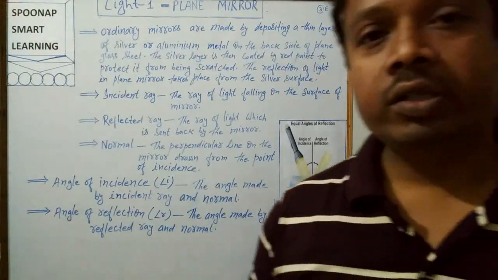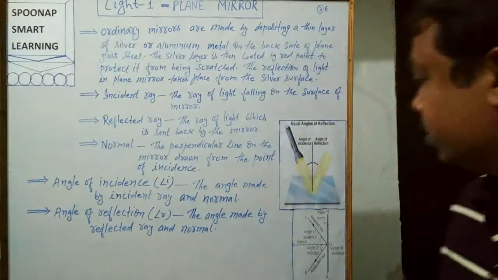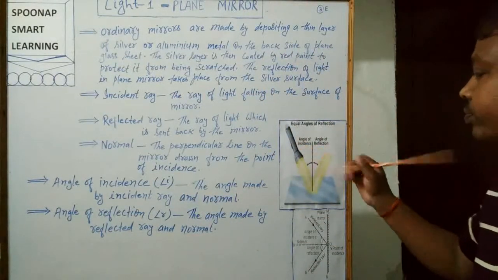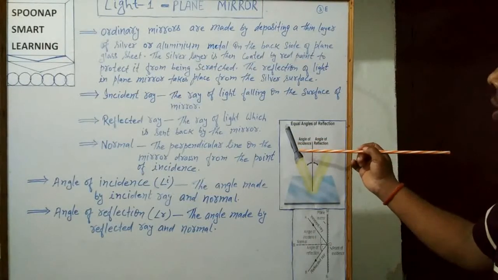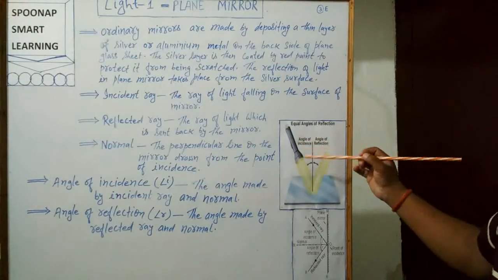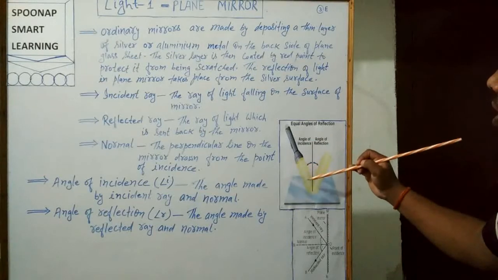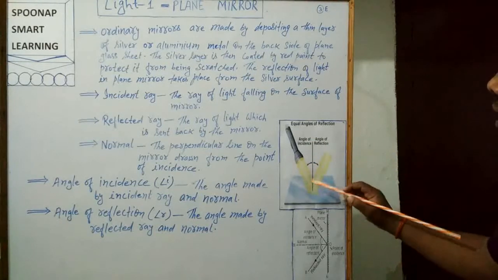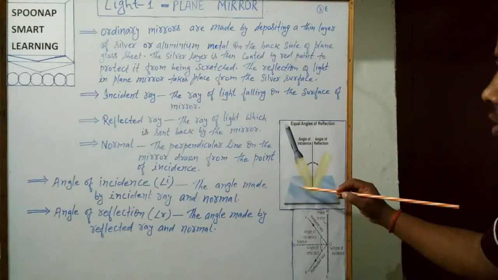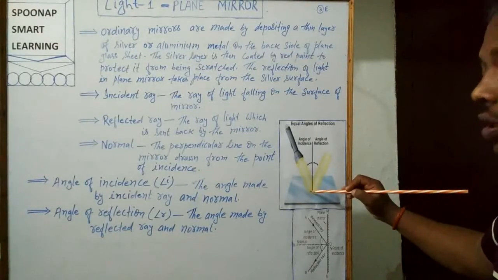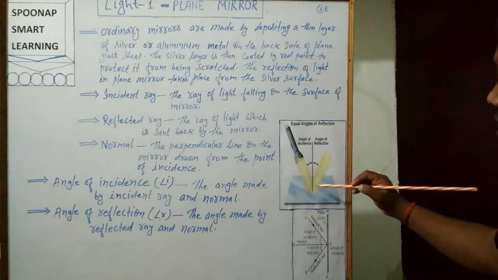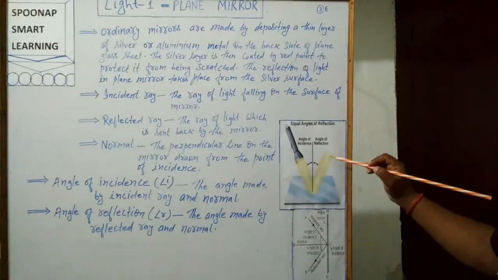What is incident ray? You can see this diagram. This is a torch. When it is switched on, a ray of light starts coming out of it and it strikes the surface of the plane mirror. After striking, it returns back.